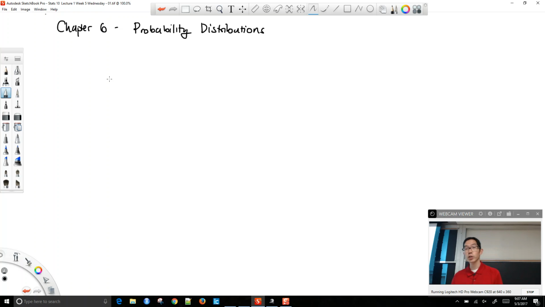We do a random trial, and at the end of the random trial, we record the outcome, and the outcome is recorded as a number. Okay, so these create something called random variables. So random variables are outcomes to random experiments.